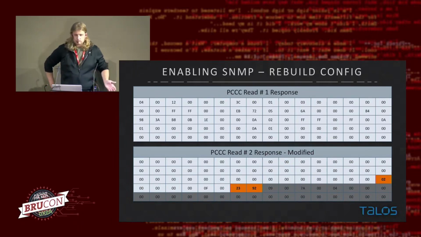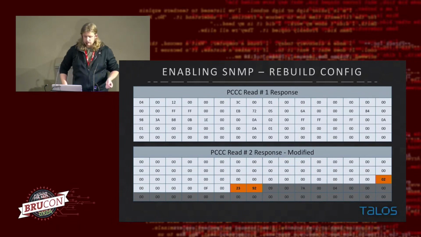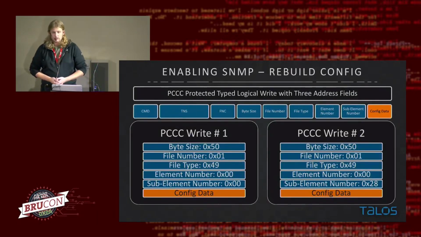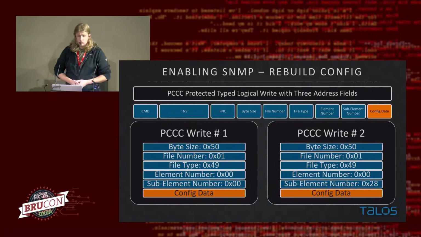So once we figured that out, we calculate our CRC16 across all of the new data and replace the old CRC bytes. We then use a similar command to the one we were talking about earlier to send it back up to the device and hope that it works.